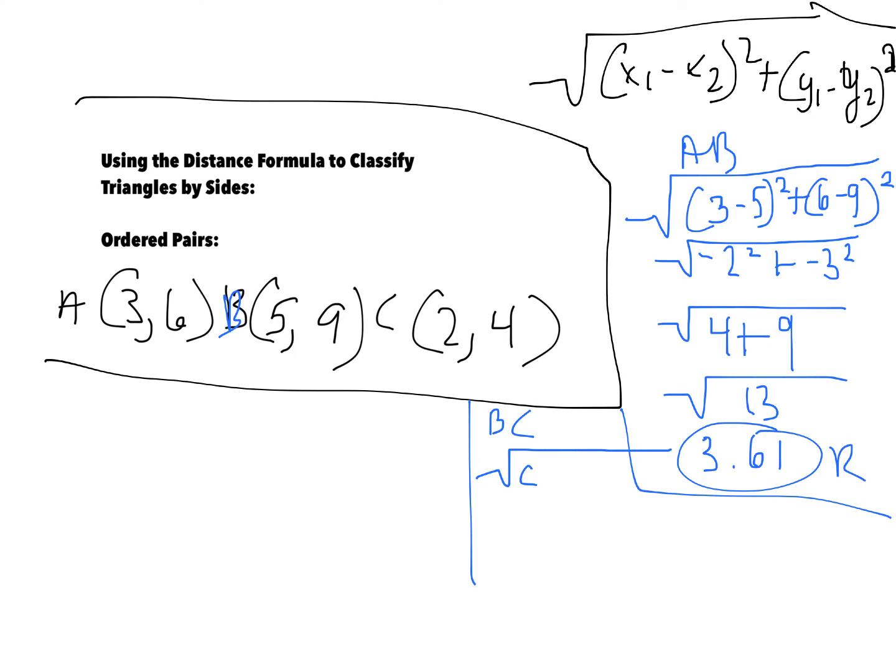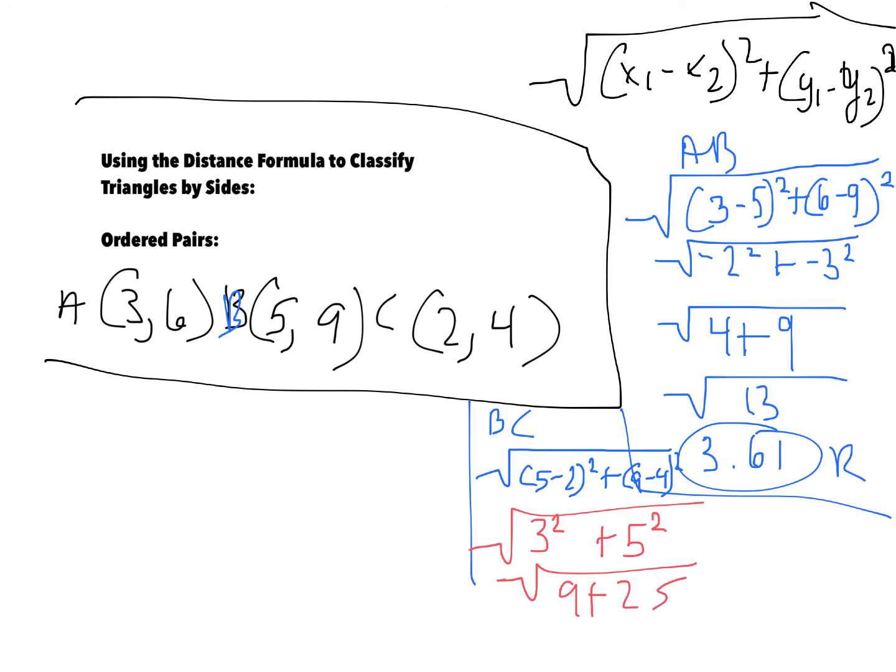So we have 5 minus 2 squared plus 9 minus 4 squared. 5 minus 2 is 3, so 3 squared is 9, plus 9 minus 4 is 5, so 5 times 5 is 25. 25 plus 9 is 34.